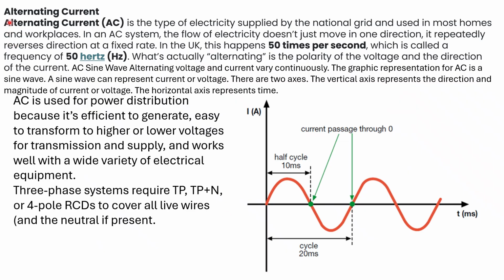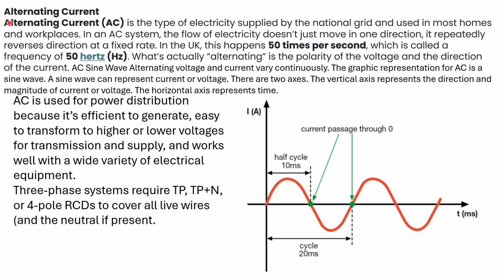Friends, now something on alternating current. Alternating current, AC, is the type of electricity supplied by the national grid and used in most homes and workplaces. In an AC system, the flow of electricity does not just move in one direction, it repeatedly reverses direction at a fixed rate.